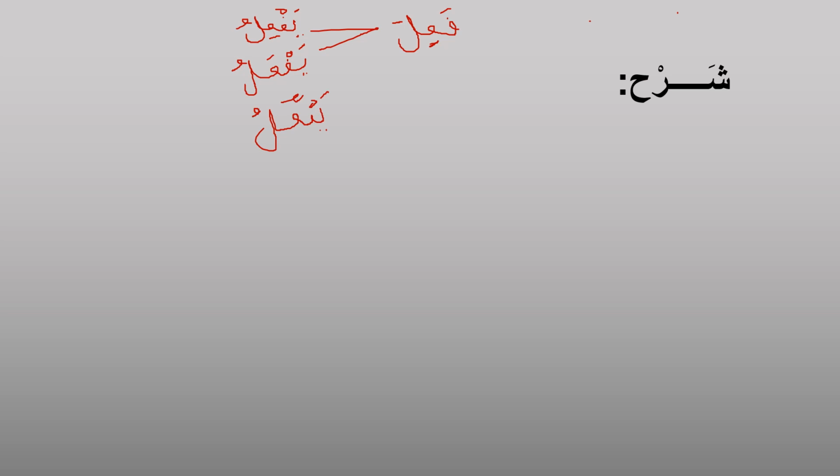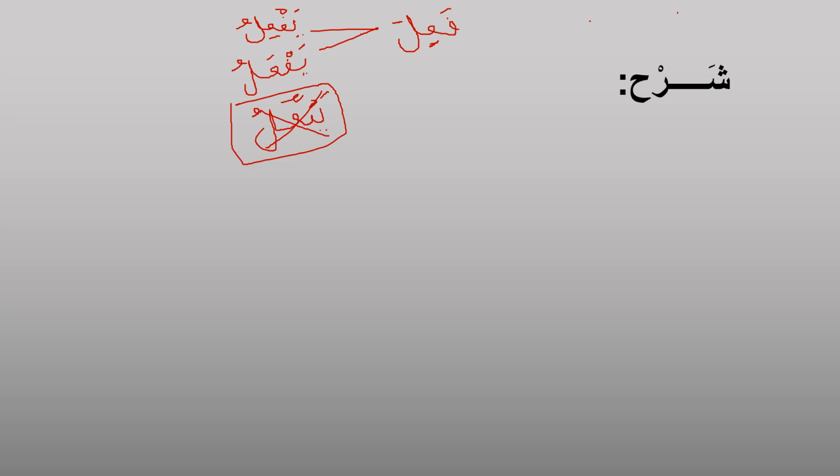You have to minus this, because it's nowhere to be found in fa'ila. So the possibility of fa'ila becoming yaf'ulu in mudoori is 0. So it's not possible for us to have fa'ila yaf'ulu.